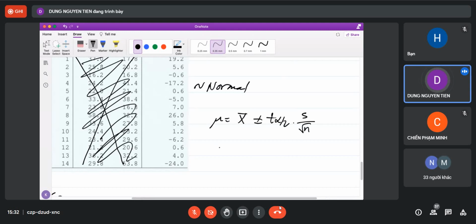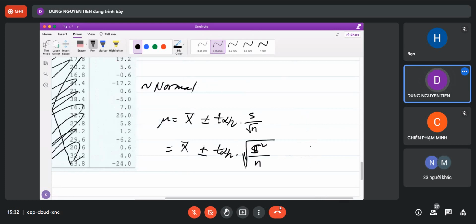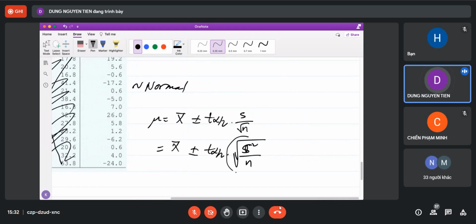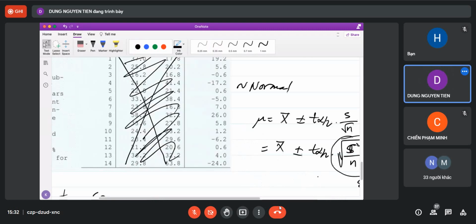Or you can say this is x bar plus or minus t alpha over 2 times the square root of s square over n. This is called the standard error. And the standard error in this case is simply the variance of x bar.